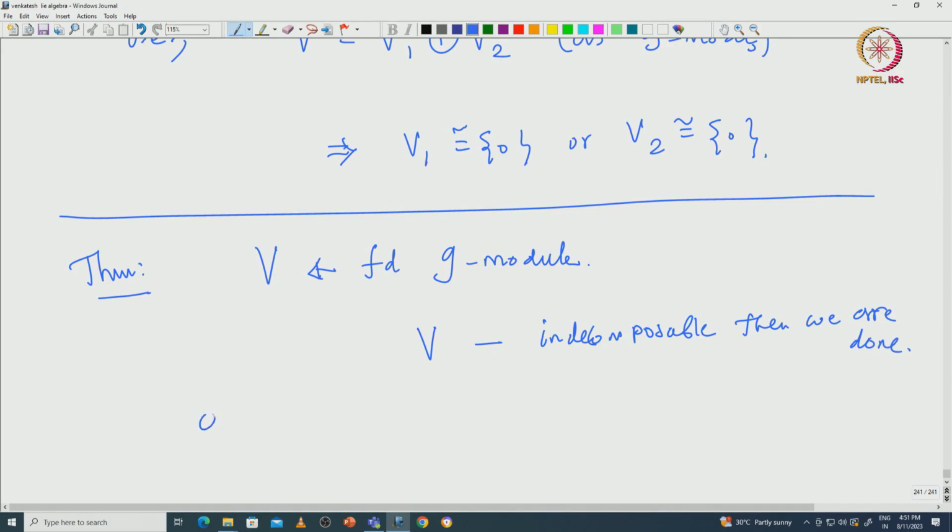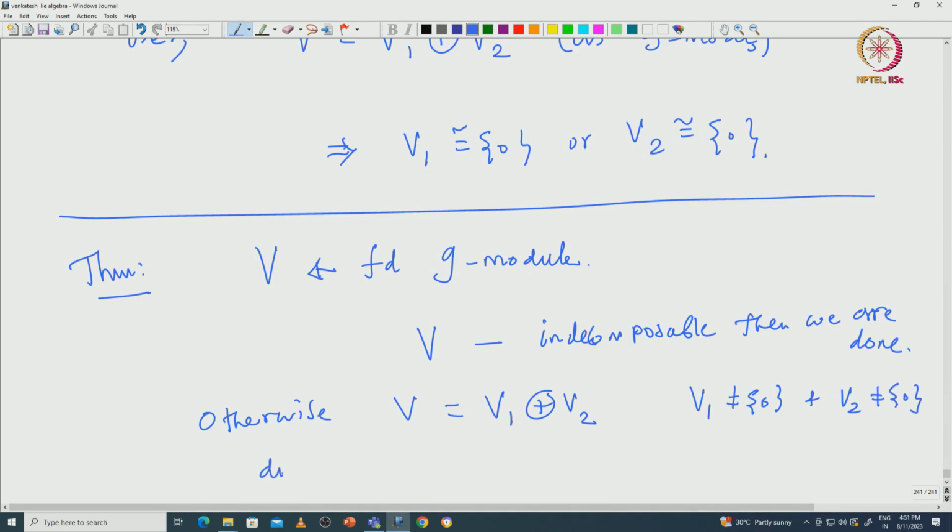Otherwise, what will happen? Otherwise, V has to be written as V 1 direct sum V 2, because V is decomposable, with V 1 being non-zero and V 2 being non-zero.